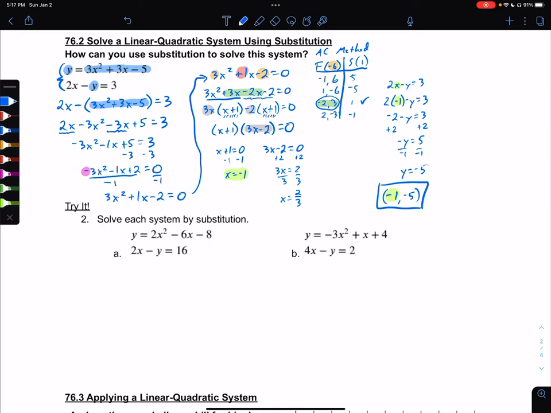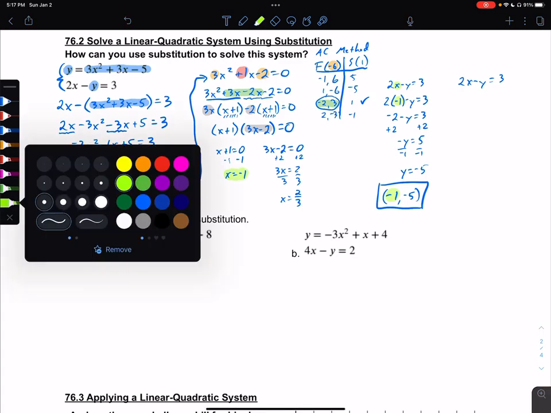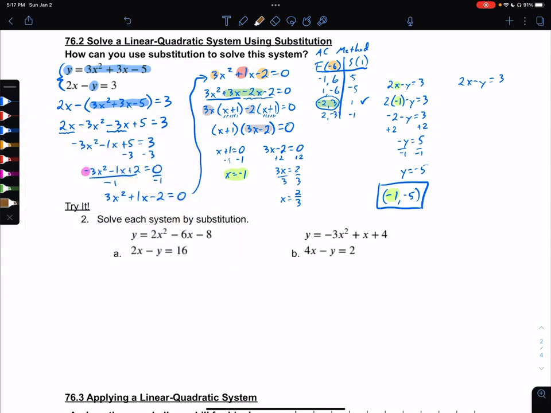All right, I need to do the same thing. I need to do 2x minus y equals 3, but this time I need to plug in the 2/3 value. So we have 2 times 2/3 minus y. So it's going to be 4/3 minus y equals 3.